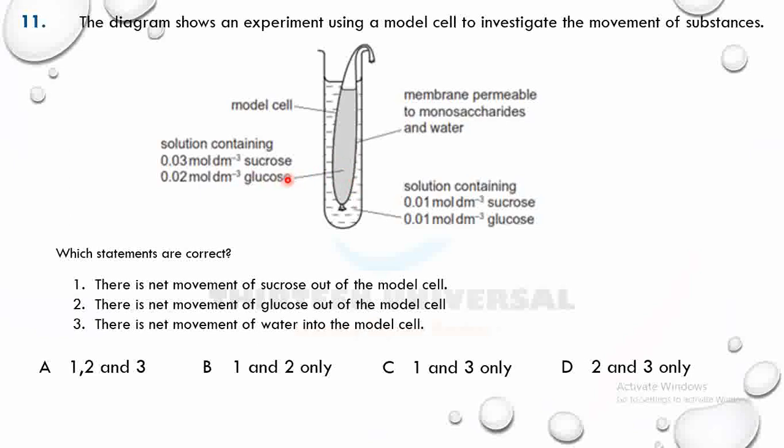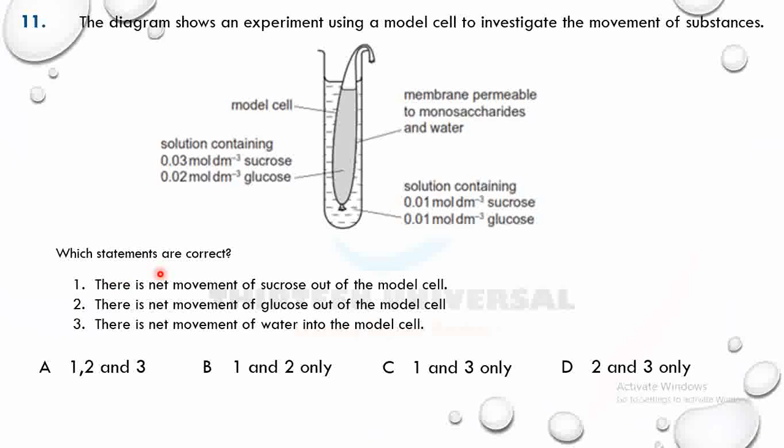But glucose will move because glucose is smaller. When glucose moves out, it reaches equilibrium, because it's moving from high concentration, 0.02, to lower concentration, 0.01. Water can move as well.